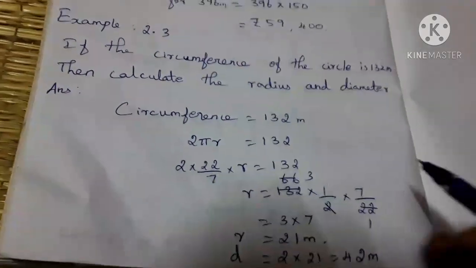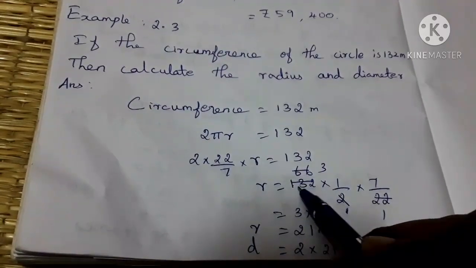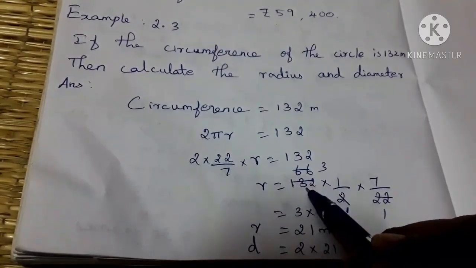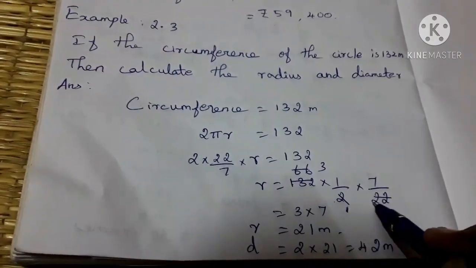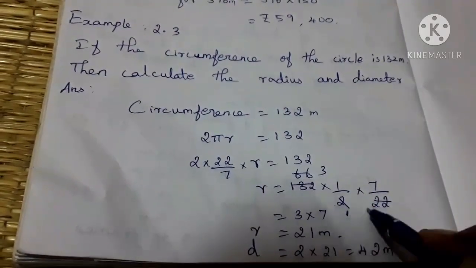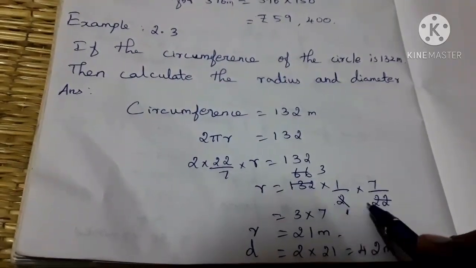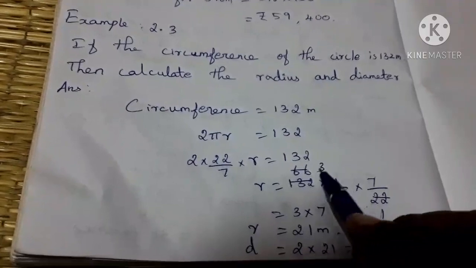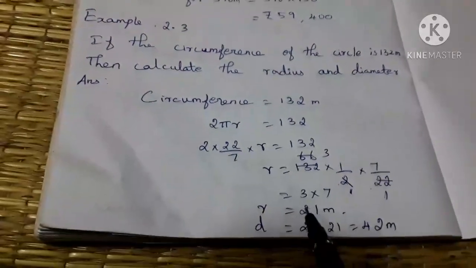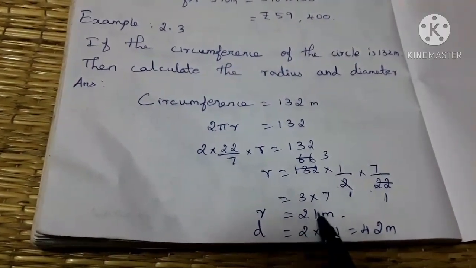Now we cancel. 6 2s are 12, so 66 2s are 132. 3 22s are 66. We cancel the numerator against the denominator, so we get 3 and the remaining 7. Our radius is 3 into 7, 21 meter.